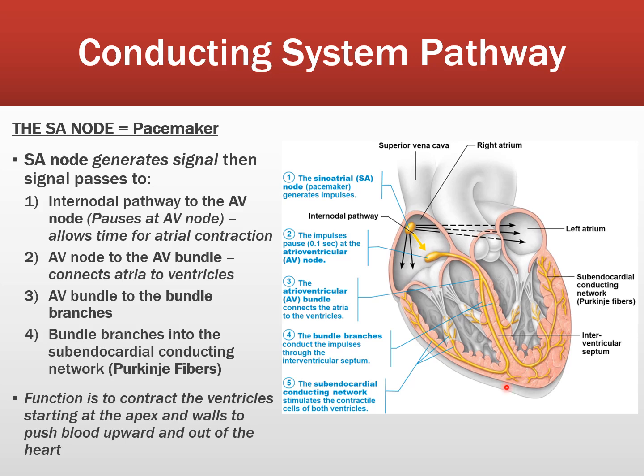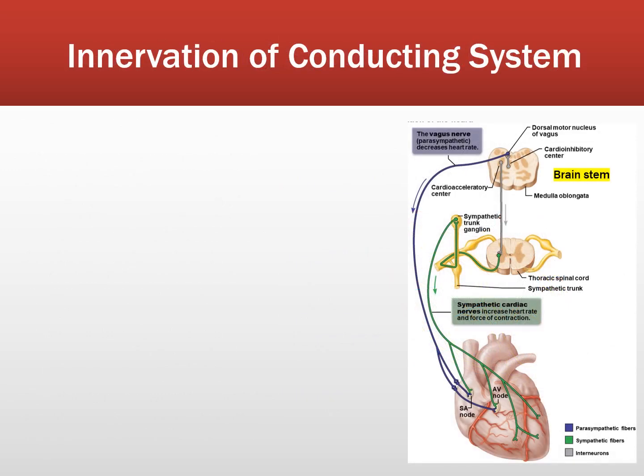That makes sense, because you'd want to push the blood from the bottom of the heart out towards the top, towards those great vessels. So that is how we get that signal happening through these bundle branches out to the Purkinje fibers. It stimulates the apex first and then all the way up the wall, so that it pushes all that blood out of the heart.